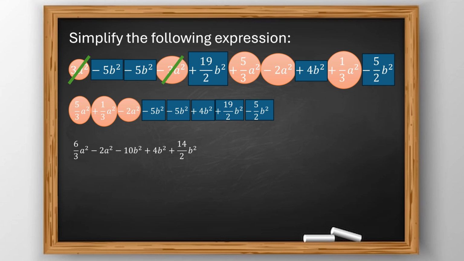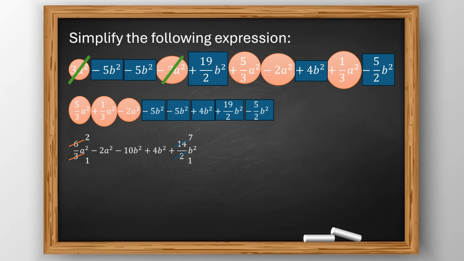So we're going to see 6/3 a squared, that we can simplify because they are both divisible by 3. So 6 divided by 3 is equal to 2, and 3 divided by 3, of course, equals 1. And then we can also do the other fraction, the one with the b's, because we see that the common denominator is 2, and so 19 minus 5 is of course 14.